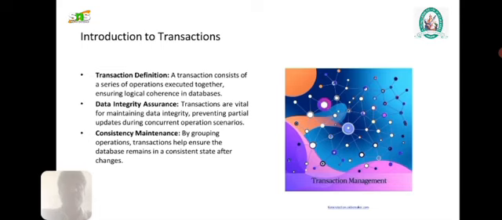Next is consistency maintenance. Some grouped operations we perform with the help of the transaction ensure the database is in a consistent state after the changes. That is the main reason we use consistency.